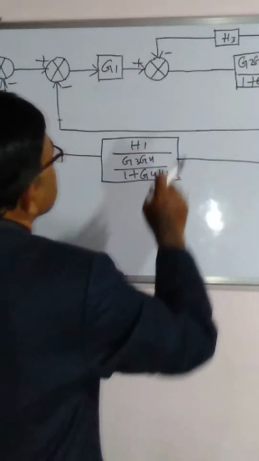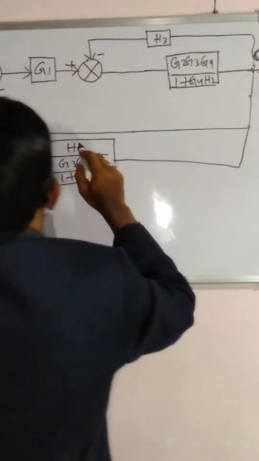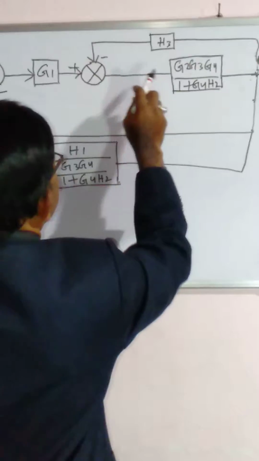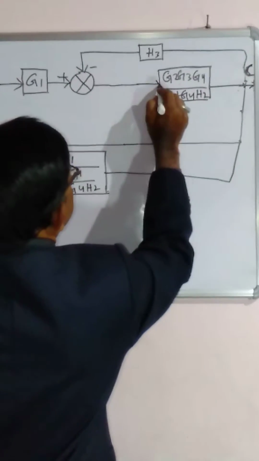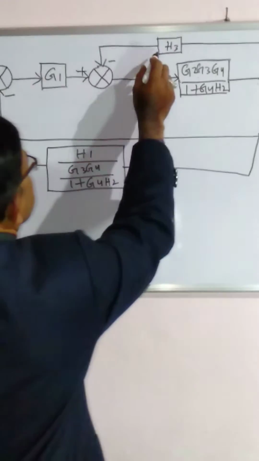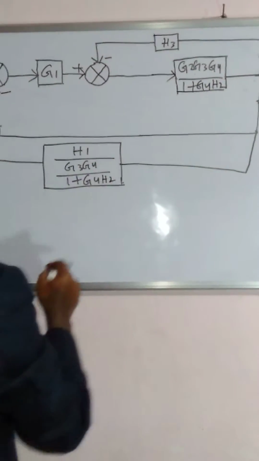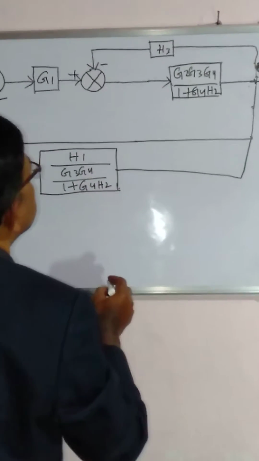So let us find out any other canonical forms. Already we have found this canonical form, that is, this is the forward path block and this is the feedback path. So that is negative feedback. Now we can solve this.